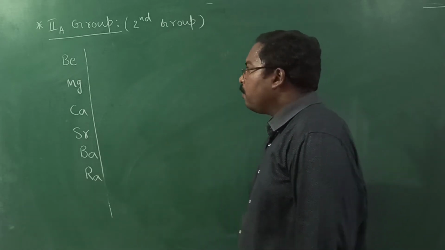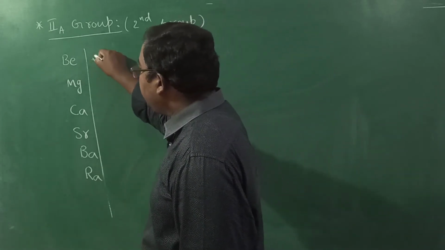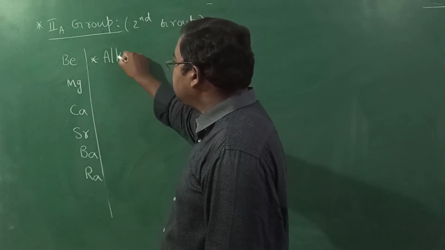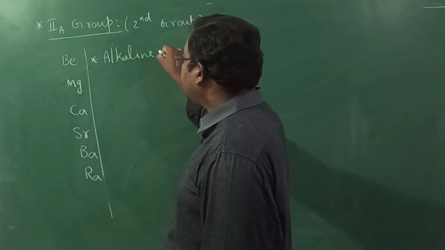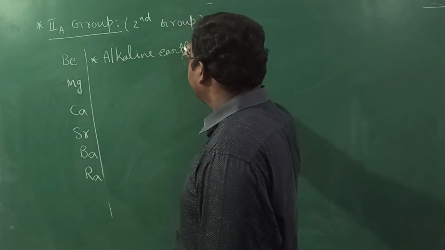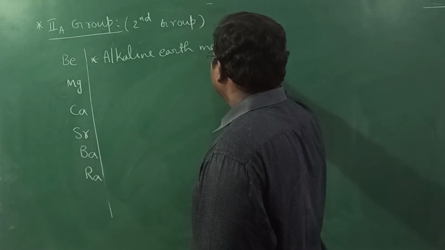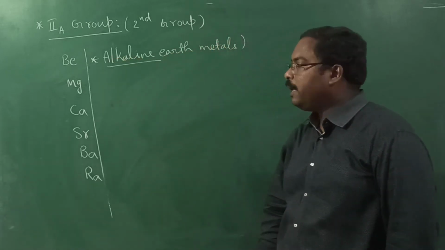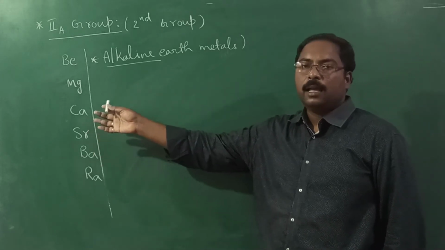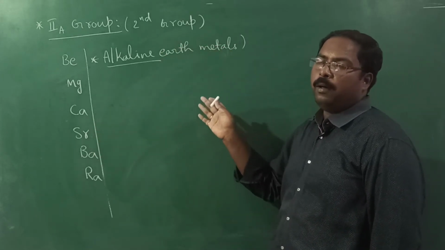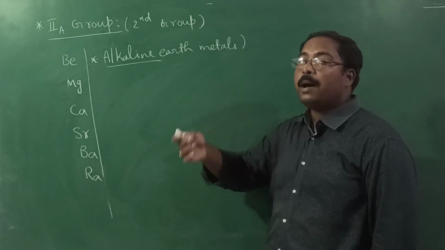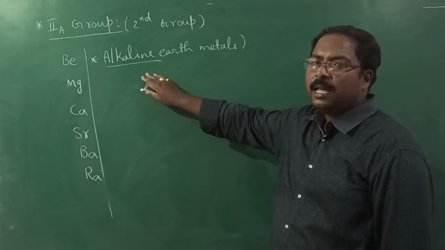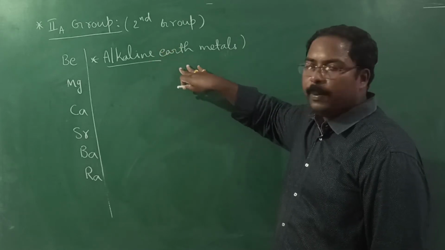Now coming to the main highlight properties of these. First of all, these group elements are also known as alkaline earth metals. As we already discussed the meaning of this, the oxides of these metals, when they dissolve in water, form alkali, nothing but bases.